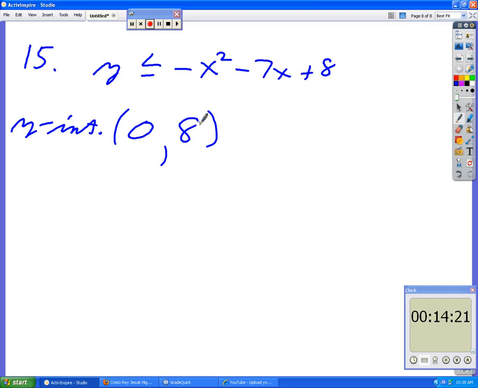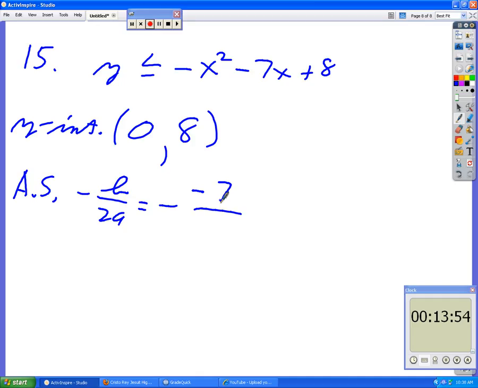Second, we need the axis of symmetry, which is negative b over 2a. What's b? 7. Negative 7. And 2a, which is 2 times a negative 1.